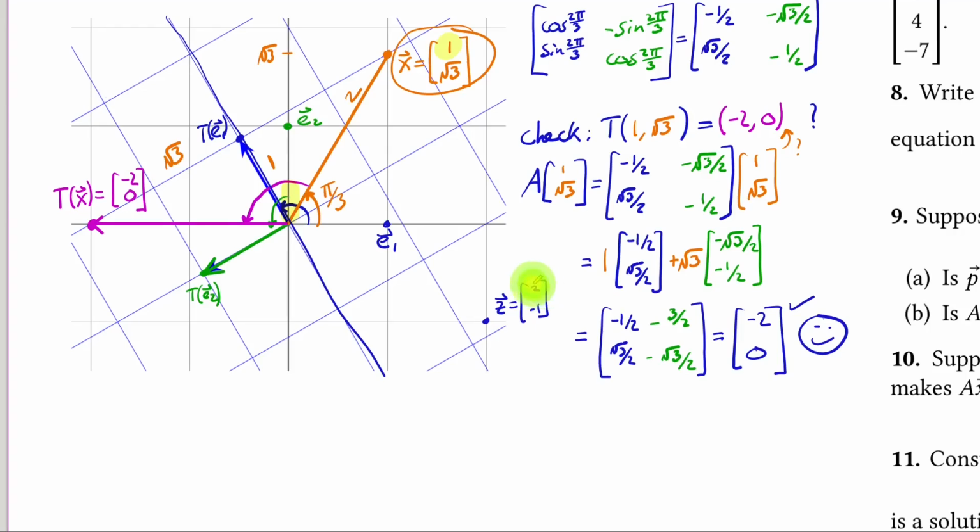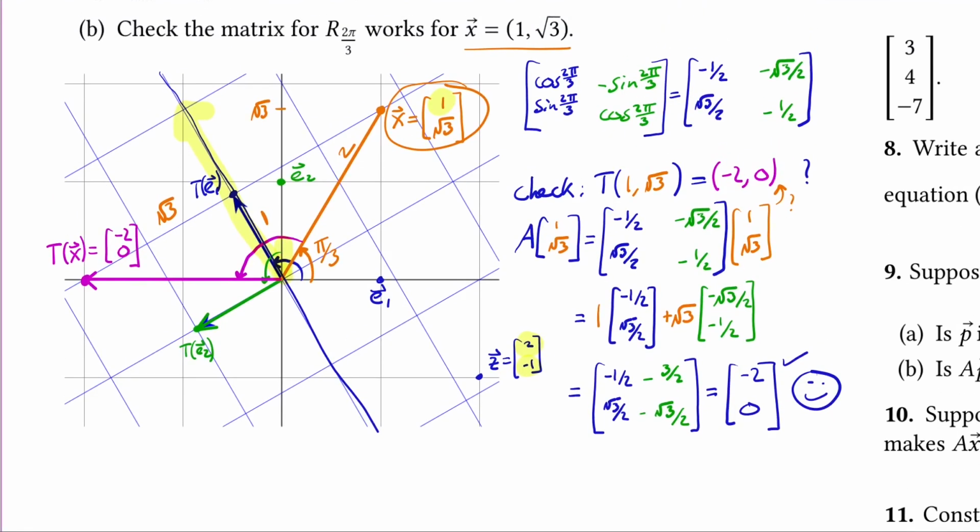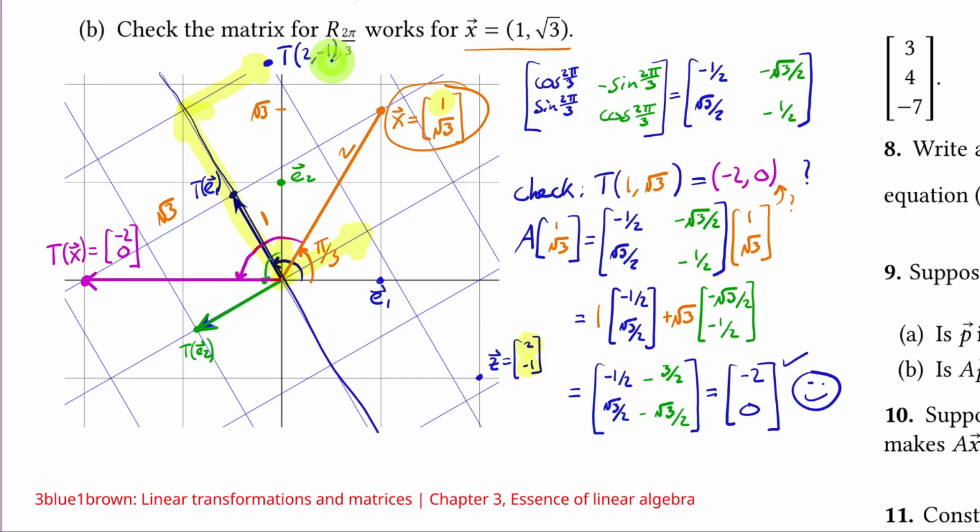So if we go 2 units in the direction of T of e1 and -1 units in the direction of T of e2, that's like this way, that will get you a point over here, like so. Now, this grid is getting kind of messy. I don't think it would help too much if I drew more examples here. But if you want a better illustrated explanation of this, there's a really good 3Blue1Brown video. I'll put a link in the description.